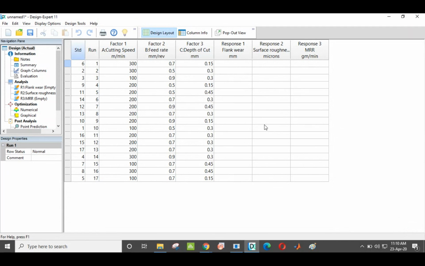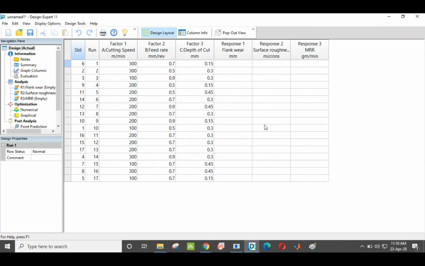In Taguchi, whenever we develop this orthogonal array, the same set of combinations will exist. But in the case of response surface methodology, because of randomization, each and every time we develop a new design, it tends to change.